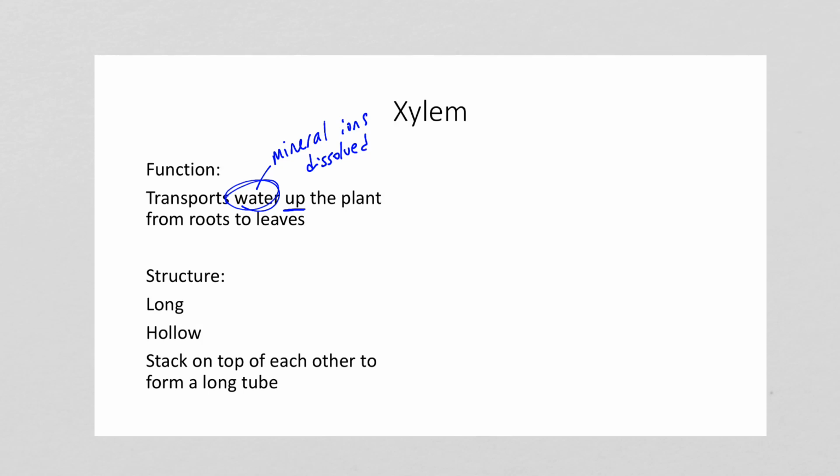The movement of the water from the roots to the leaves is called the transpiration stream, and we get into that in more detail in Unit B2. And then the loss of the water out of the leaf via the holes called the stomata is called transpiration. Okay, so the purpose of the xylem is just to transport water and the stuff that's dissolved in the water.